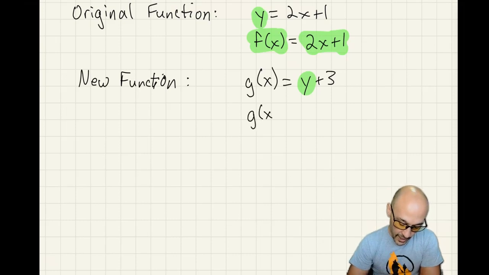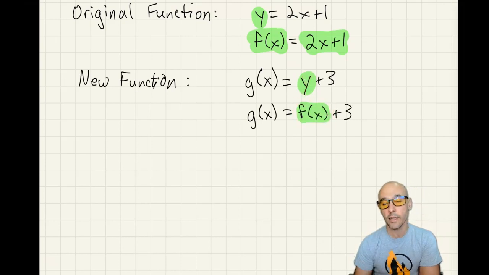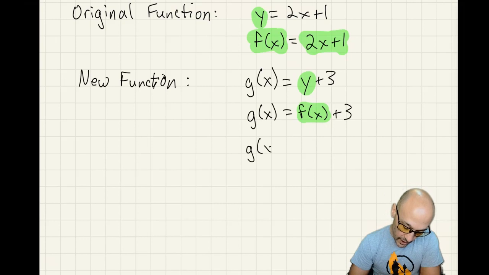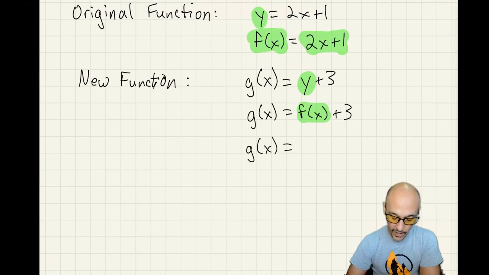So what I'm going to write next is g of x is equal to f of x, and then we still have that plus 3 there. So I've just replaced the y with f of x here. That's all I'm doing there. And that then allows us to replace f of x with the 2x plus 1 right there.